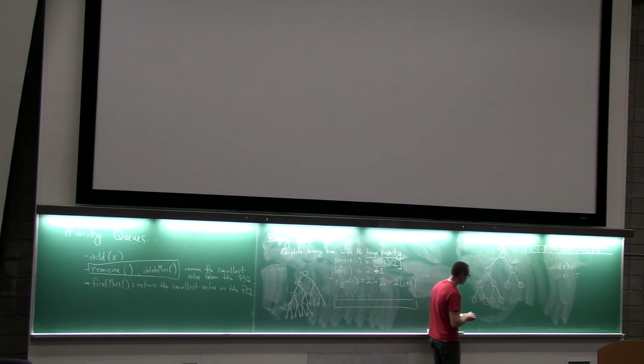Well, okay. So I mean, 3.5 and 7 are in the wrong order, and so 3.5 should move up in the tree above 7. So we just swap these two values. 7 goes down, 3.5 goes up.